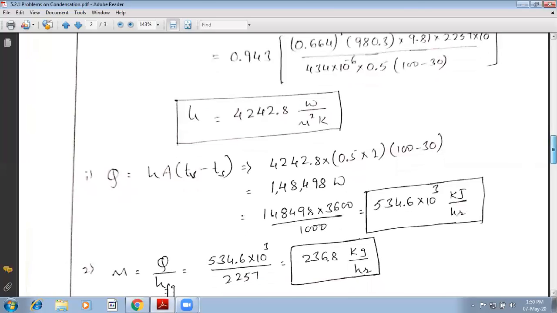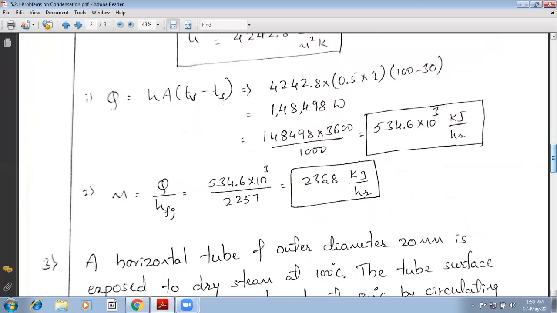Now the second part of the question is, you need to calculate the condensate. You know the formula Q is equal to m into hfg, where hfg is the latent heat. To calculate how much condensate you have got, you just need to reverse the equation. m is equal to Q upon hfg.